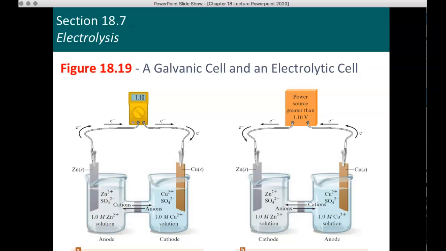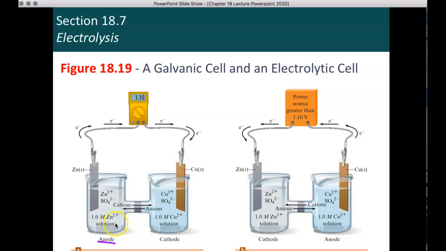So this shows the difference between a galvanic cell and an electrolytic cell. And I want to draw your attention to the anode and cathode on both cells. In this cell, the anode is a solution of zinc and zinc metal. The reason it's got SO4 2 minus is because that's the spectator ion.